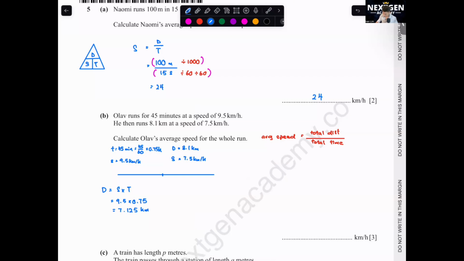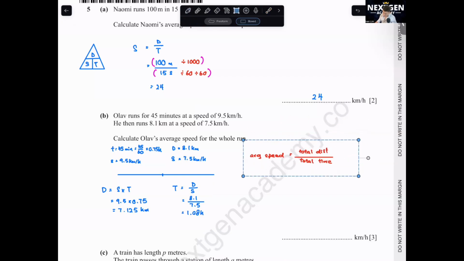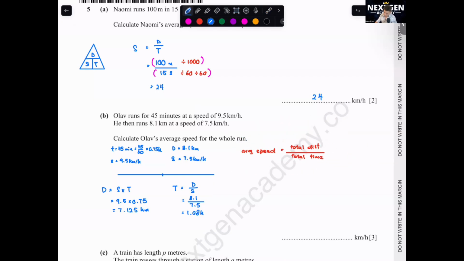Okay, the next one, we want to find what is time. Time will be distance over speed. Distance 8.1, speed 7.5. Always check the units are the same first before you calculate. So 8.1 divided by 7.5, we'll get 1.08. This is hours. Once you have calculated this, we want to put into this formula. Average speed equals total distance over total time. Where is the distance? I'm going to highlight distance in yellow color. Distance and distance.